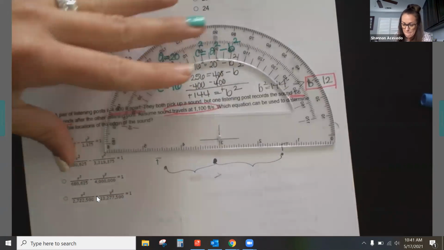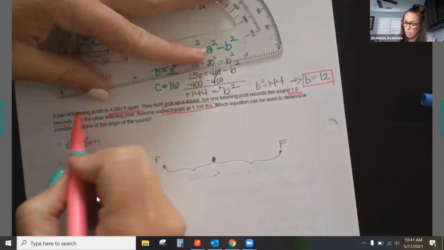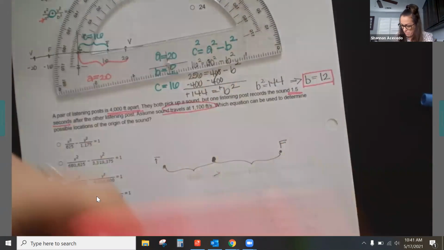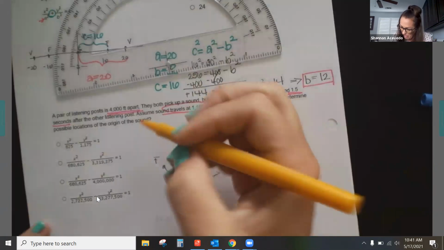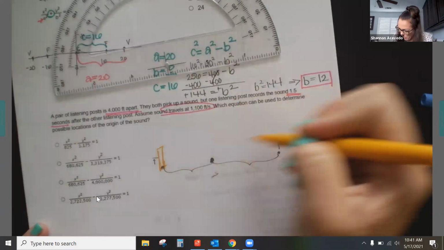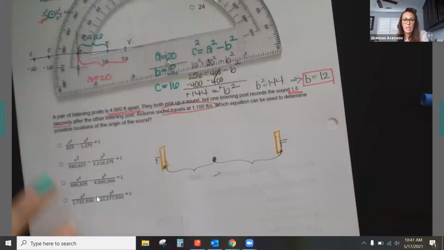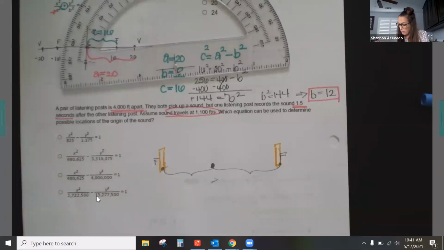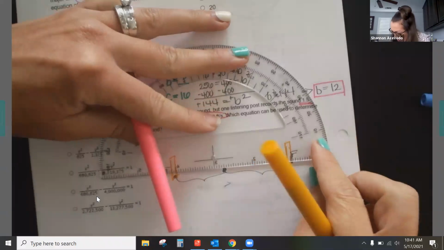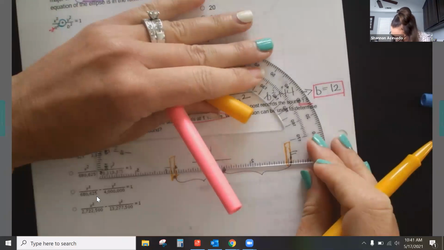Okay, from here, so here's my post. Okay, a pair of those same posts are 4,000 feet apart. So these are going to be my 4,000.